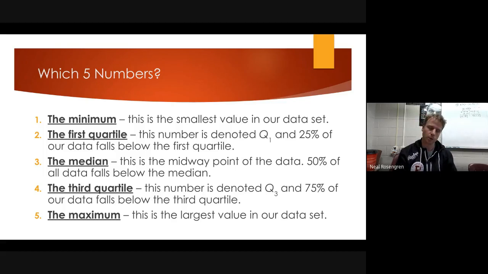Order them from least to greatest. And let's find some middles. Find the middle of the whole group. And then let's find the middle of that first half and the middle of the second half. All right, so the middle of the first half is called the first quartile. The middle of that back half is called the third quartile. But you're going to hear me say Q1 and Q3 a lot.